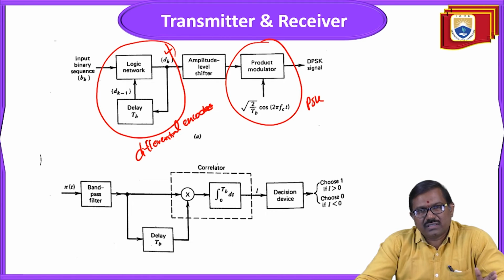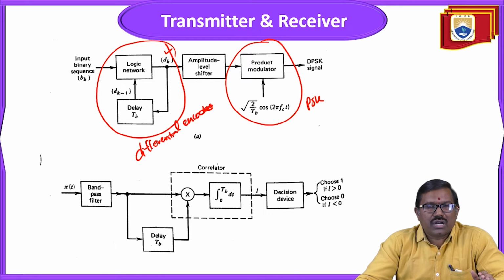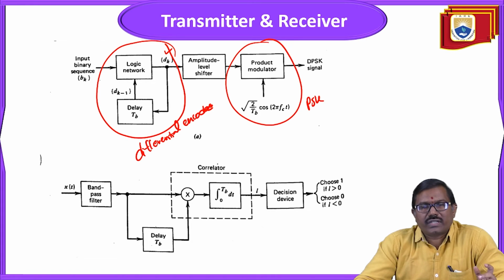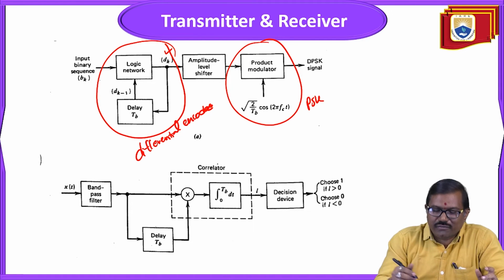After passing through the band pass filter, the signal goes through the correlator. The correlator is nothing but the product modulator and integrator, together called the correlator. The correlator produces an output L.